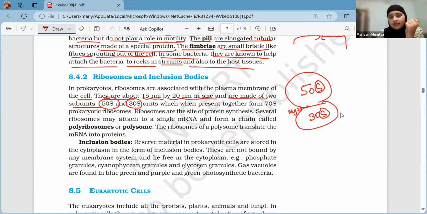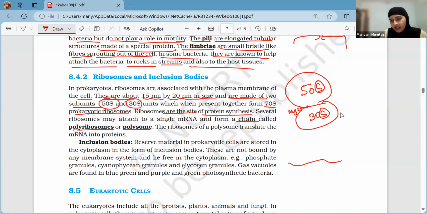Ribosomes are the site of protein synthesis. In the case of prokaryotes and eukaryotes alike, ribosome equals synthesis of protein. Several ribosomes may attach to a single mRNA and form a chain that is known as a polyribosome or polysome.